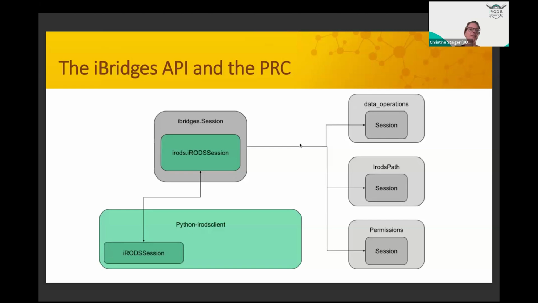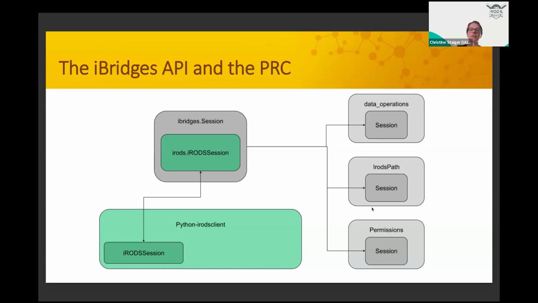Just for an overview, this is how we place the iBridges API. It draws on the Python iRODS client. So you could say this is a lot of syntactic sugar and icing on top of the Python iRODS client to make it easier for researchers to interact with iRODS. We made 3 main classes: data operations with upload, download, and synchronization functions.